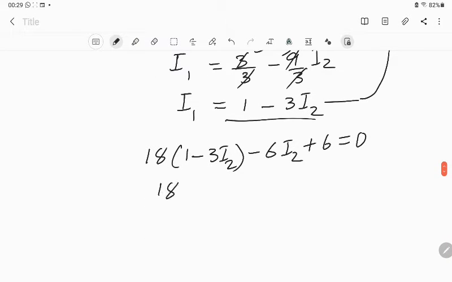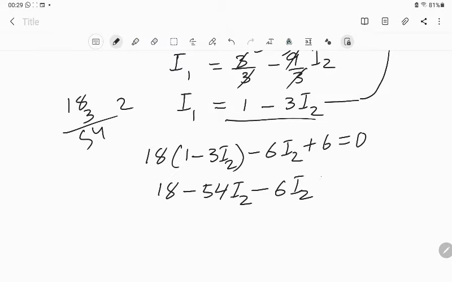So 18 minus 54I2 minus 6I2 plus 6 equal to 0.